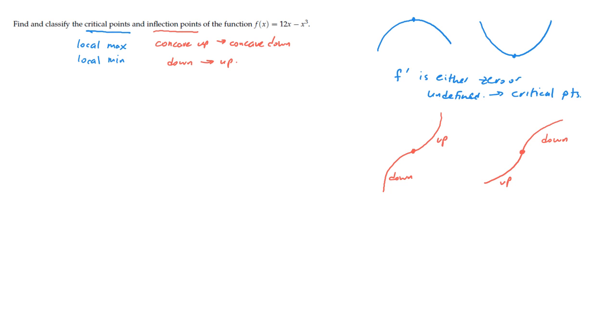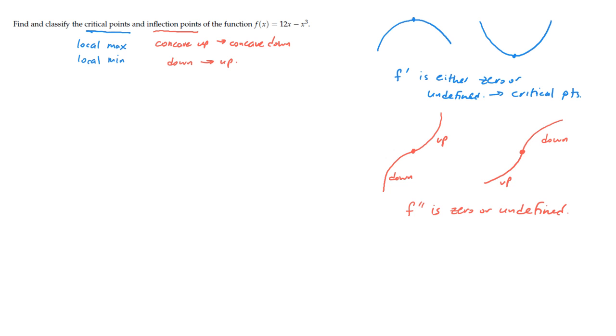What both of these examples have in common is, because we know that concavity down indicates that the second derivative of a function is negative, and concavity up occurs if the second derivative is positive, the second derivative had to transition between being negative and being positive. That means that f double prime is 0 or undefined. Those are where you might have inflection points.